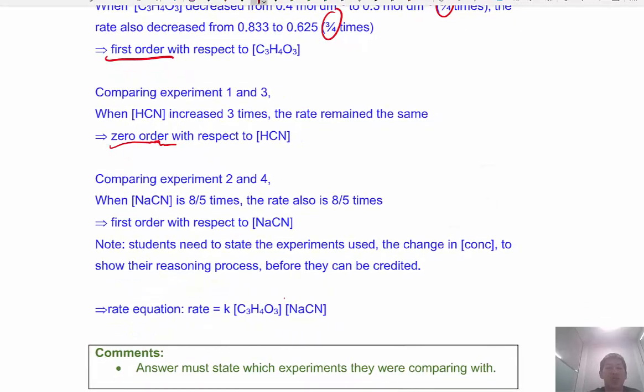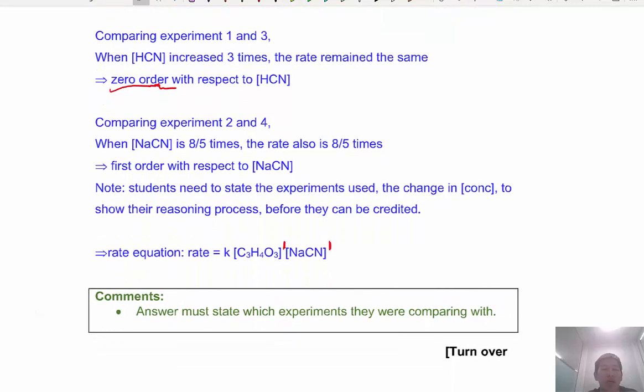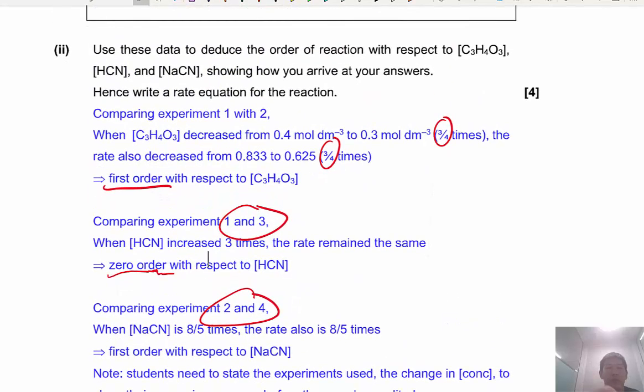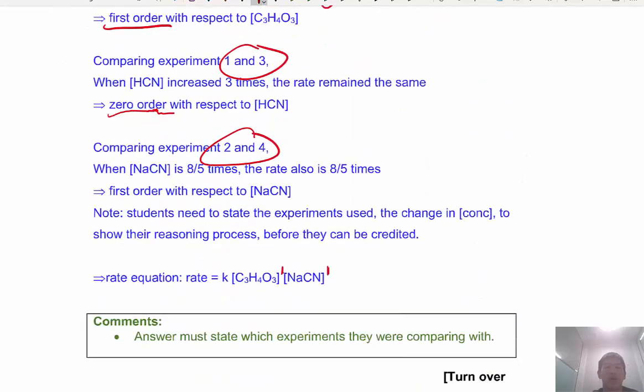So with this, we know it is first order with respect to the organic compound, and first order with respect to NaCN. Please remember, you need to say which experiments you are doing the comparison for.